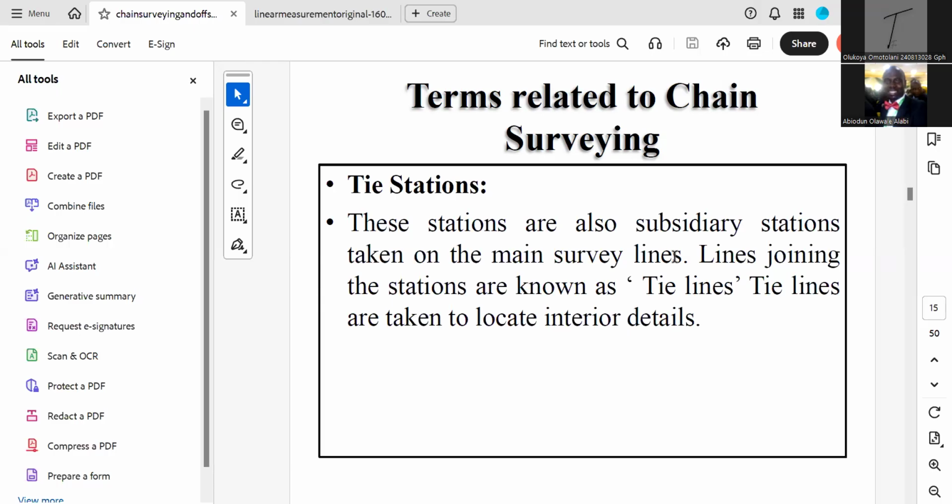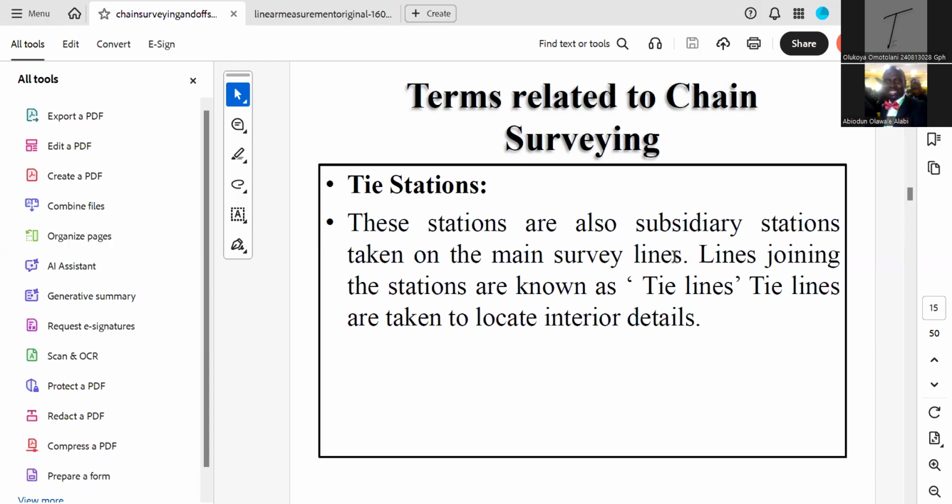So take note of that. That is what this definition is saying. A line joining two tie stations is called a tie line, and a tie line is used to locate interior details within the said property.